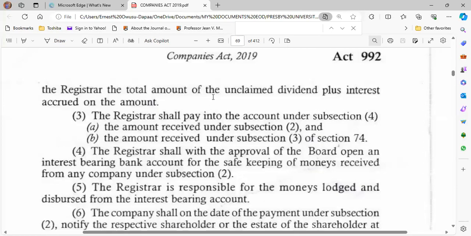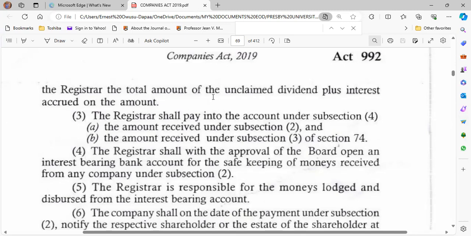So if you look at subsection 3, the registrar, that's the registrar of companies, shall pay into the account. If you look at subsection 4, and subsection 4 should have actually come before subsection 3, there's a drafting infelicity or disorder. But subsection 4 says that the registrar shall, with the approval of the board, that is the board of directors, which is supposed to regulate the registrar of companies, open an interest-bearing account for the safekeeping of monies received from any company.